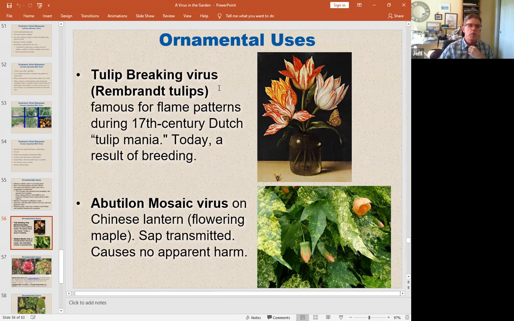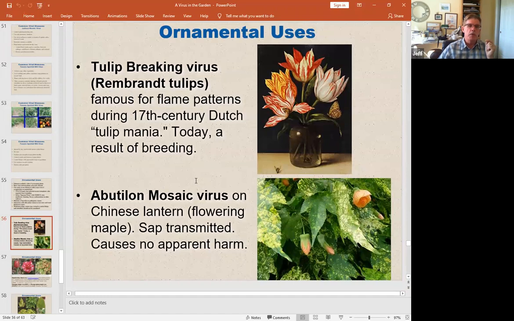They call them Rembrandt tulips because they're colorful, like his paintings were, strangely enough. So more than you wanted to know. Today, most tulips you see like this are a result of breeding. This genetic pattern is not caused by a virus. So you don't get the decline in growth that occurred with the tulip breaking virus in Rembrandt's time.